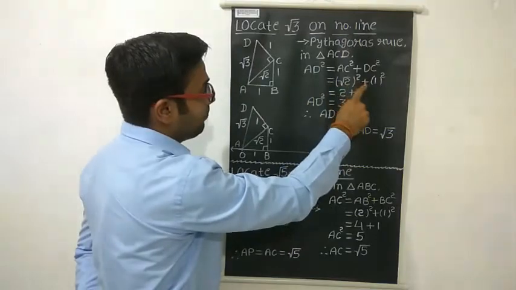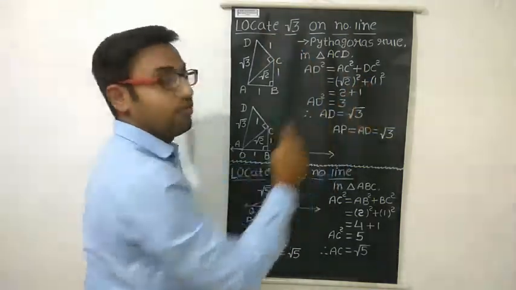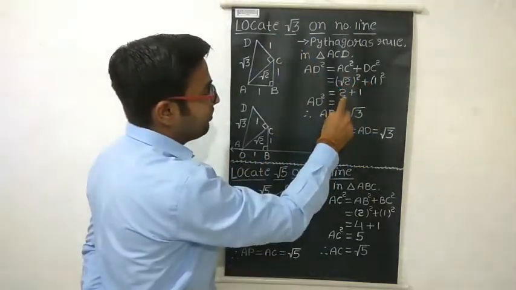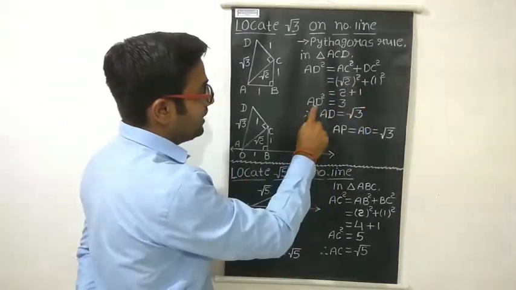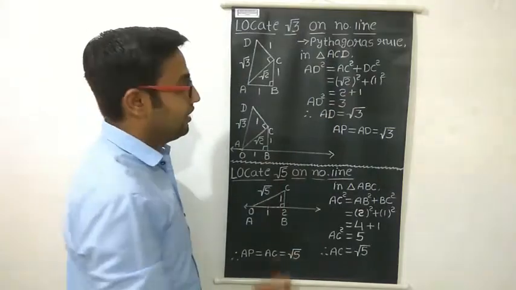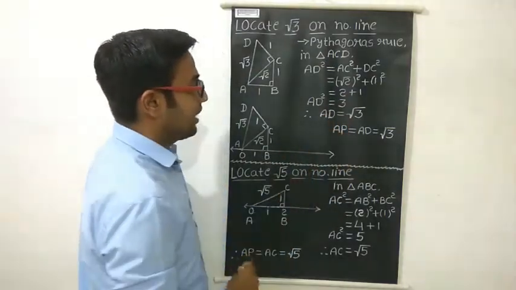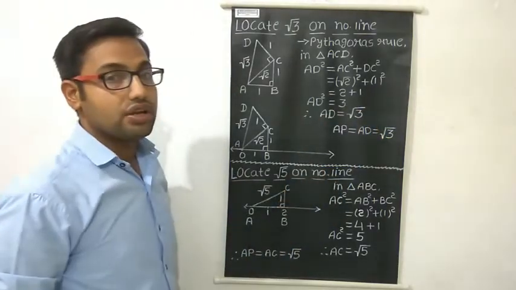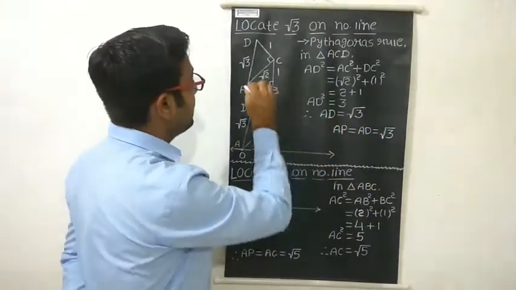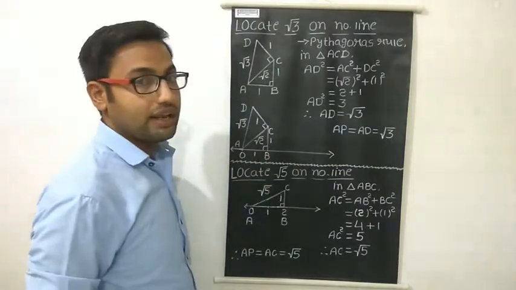So root 2 square plus CD is 1 unit. Root 2 square is 2 and this is 1. So AD square is equal to 3. By taking the square root on both sides, we get AD equals root 3.